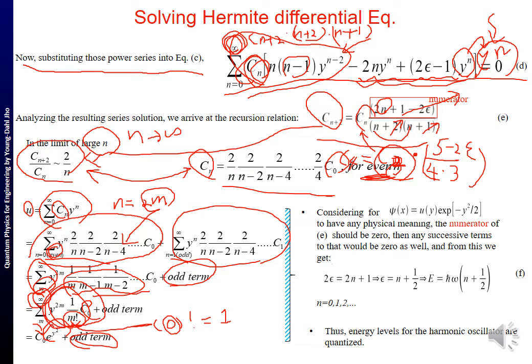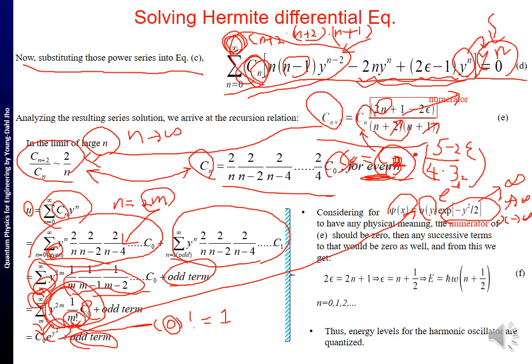Easily we can see that because the wave function psi is known to be u multiplied by a Gaussian function as shown here. But if it is e to the power of y square and we multiply them, then this goes to infinity as y goes to infinity, and y goes to infinity when x goes to infinity.